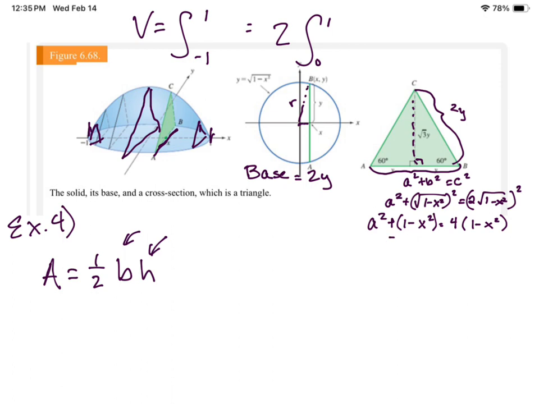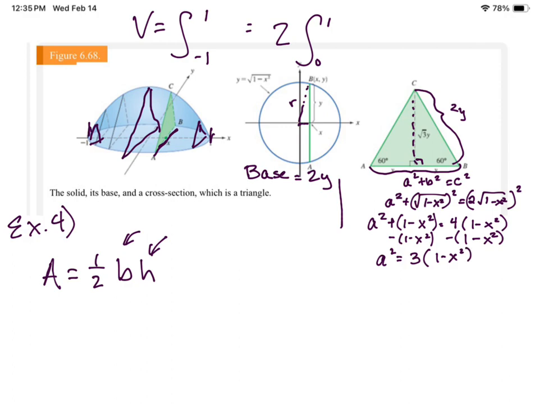I can subtract this 1 minus x squared from both sides. And how many of those do I end up with? 4 times (1 minus x squared) minus (1 minus x squared). 4 minus 1 would be 3. Otherwise, you could distribute and subtract term by term, but this makes a lot more sense to me. So a squared is equal to 3 (1 minus x squareds).